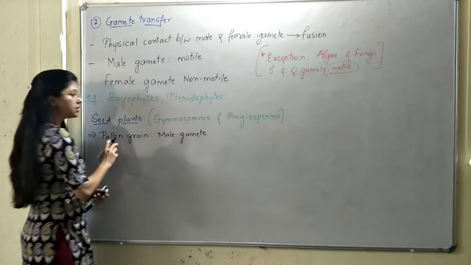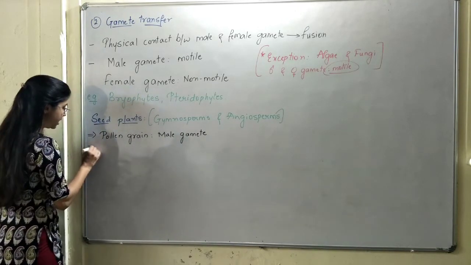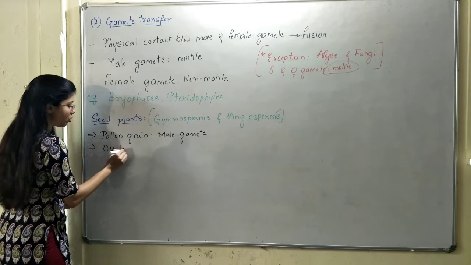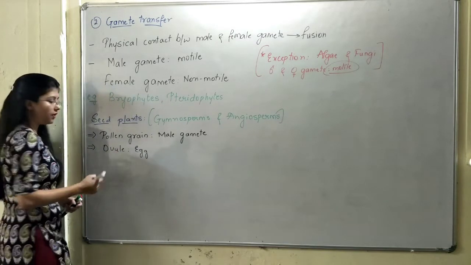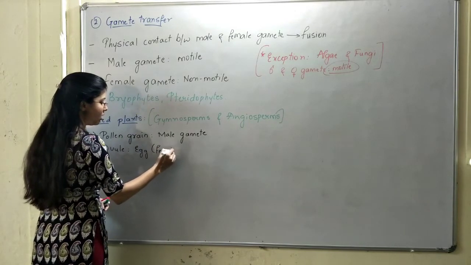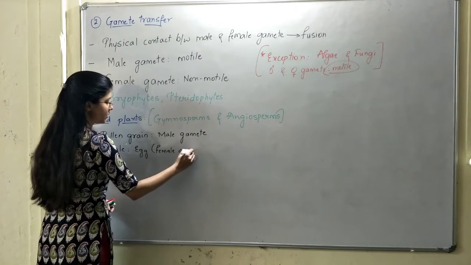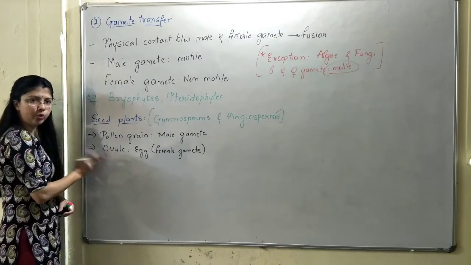Remember, pollen grain is itself not a gamete, but it carries the male gamete. And there is a structure called the ovule present in the female flowers, or the female reproductive part, which carries the egg, the female gamete. Again, the egg is the gamete and not the ovule.